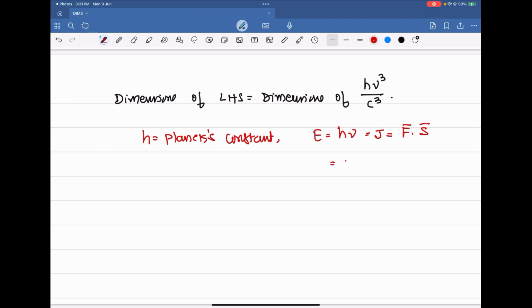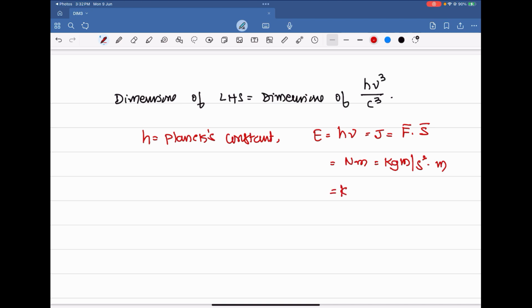Force is in Newton into meter. That is joules. Joules is Newton meter. What is Newton? When you have to go down to the fundamental units, Newton is nothing but mass into acceleration, that is kg meter per second square into meter.